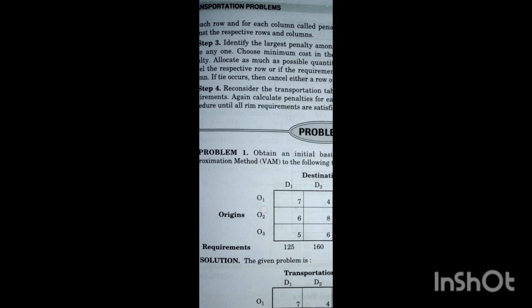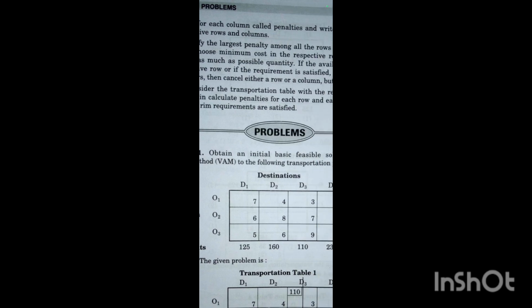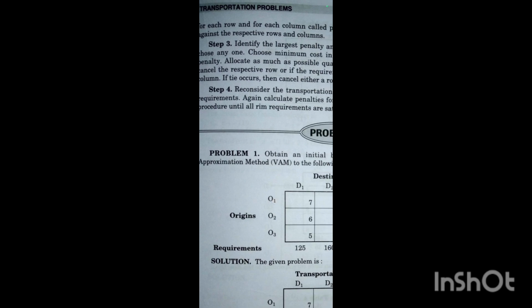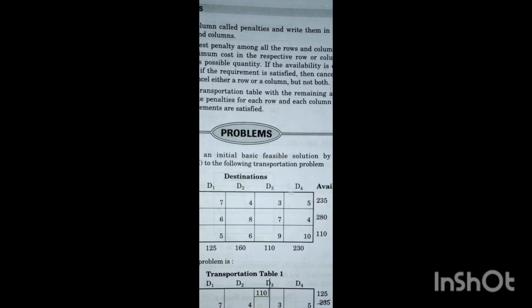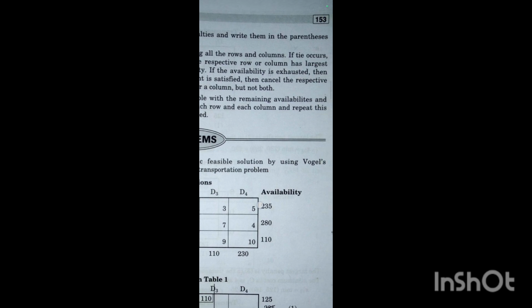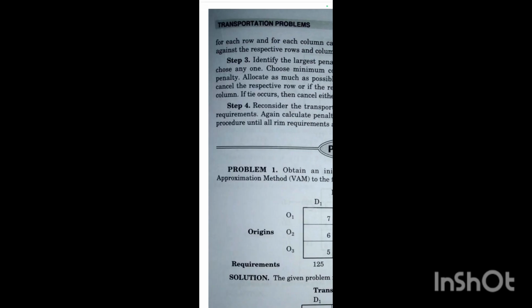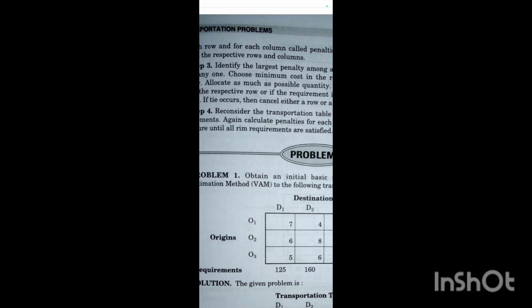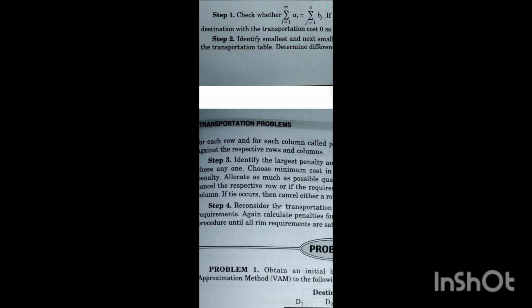Next, reconsider the transportation table with the remaining availabilities and requirements. Again calculate penalties for each row and column, and repeat this until all remaining requirements are satisfied. So here the procedure we already calculated. In the next calculation we are going to see the examples.